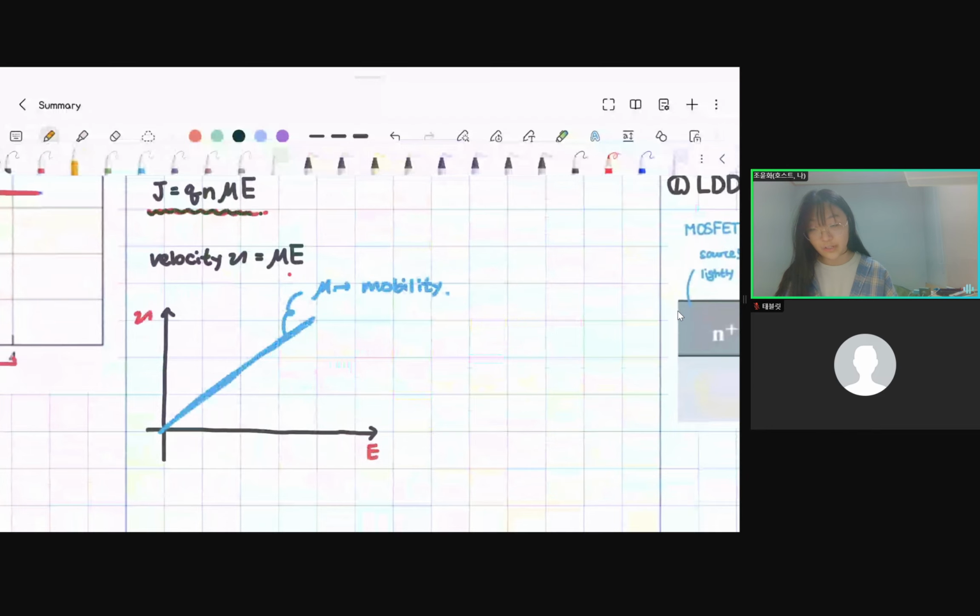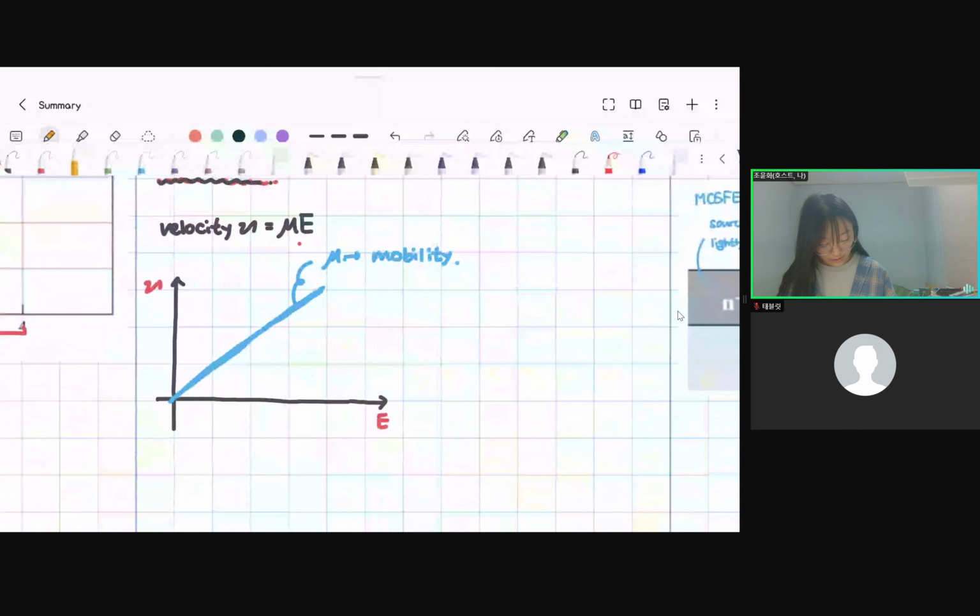But in reality, when the electric field is small enough, it can remain linear. But when the electric field goes past the critical electric field, it starts to enter saturation mode from here. It is the velocity saturation.